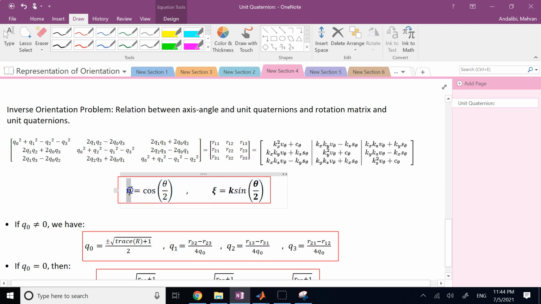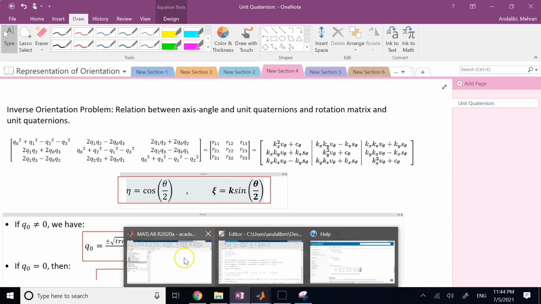The real part of the quaternion is cosine of the half angle of rotation, and the imaginary part is the unit axis of rotation k times sine of the half angle. I'm going to prove this and we are going to use them.